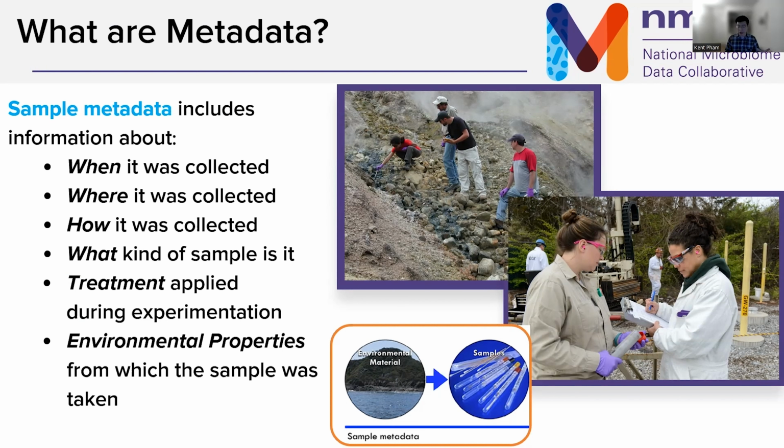And all this should come together to be enough so that someone not related to the project can later visit it and have a good idea of the context behind your sample data.